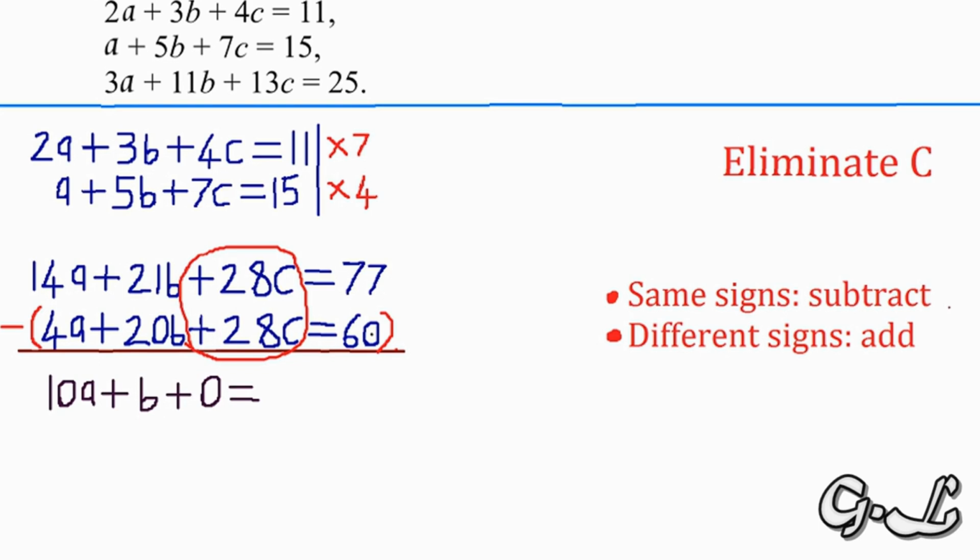If you're eliminating a certain letter, make sure that when you reach this stage, it gives you the value 0. That's one thing you need to keep in mind. When you get 0, it means you have eliminated a certain letter. So in such a case, we have eliminated C.